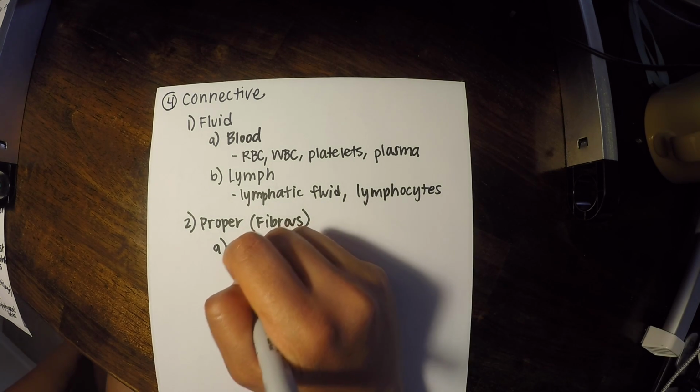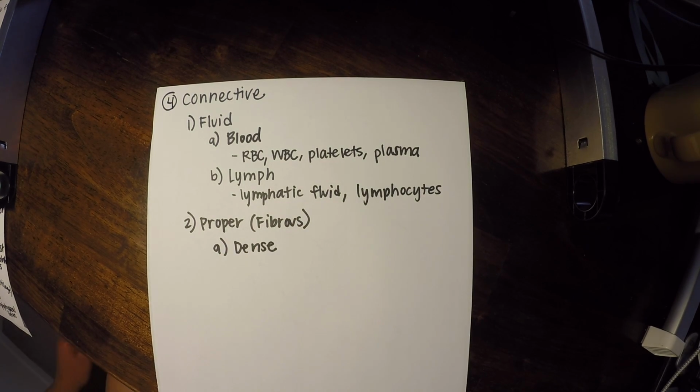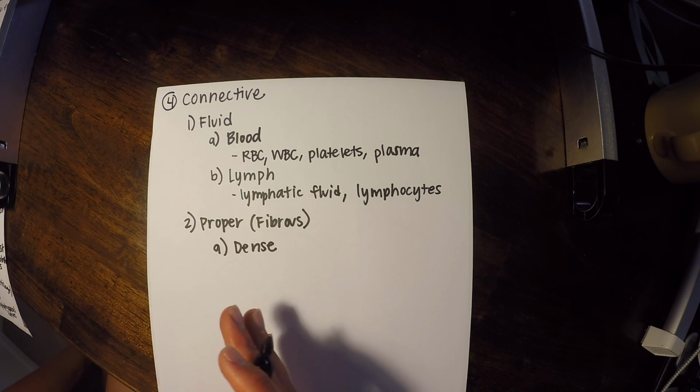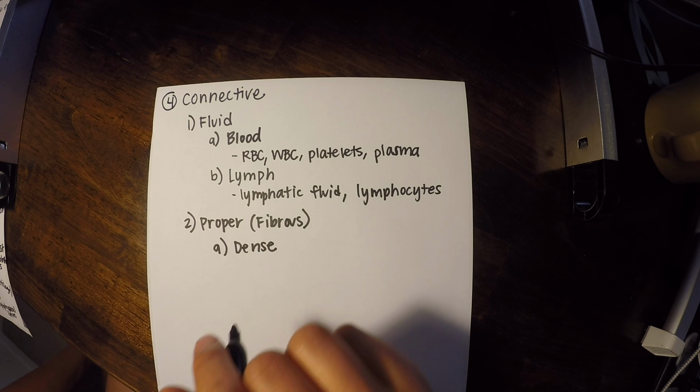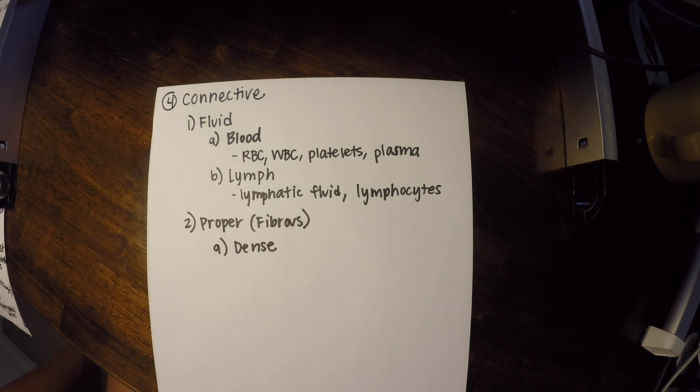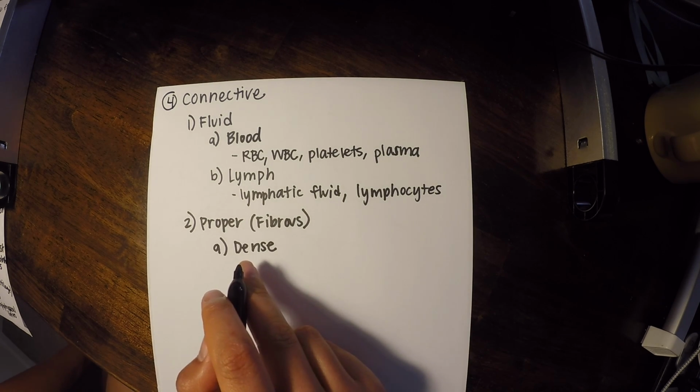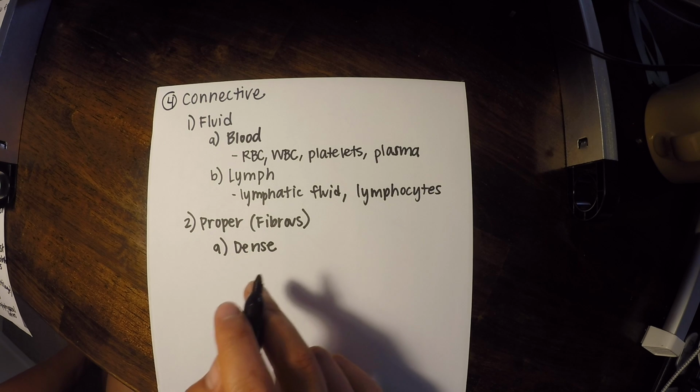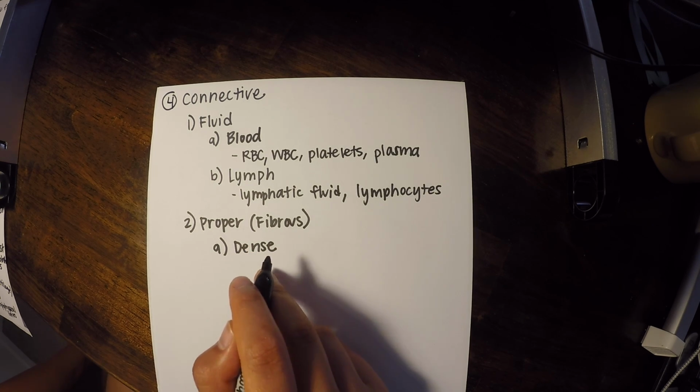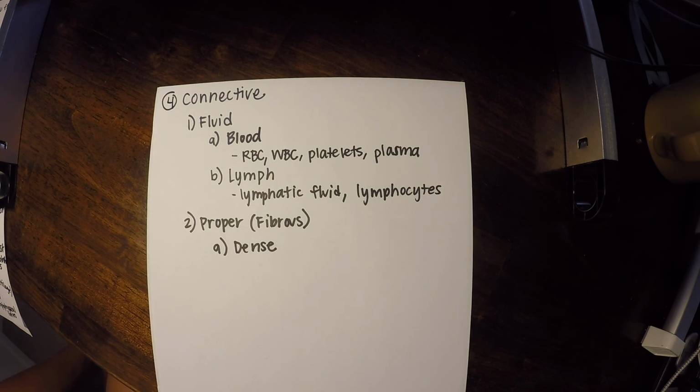Now we have a bunch of different subtypes. Now this is when it kind of gets more confusing, so stay with me and make sure you're following along with where I'm indenting things, because that signifies a different subtype. So we have a subtype of proper or fibrous connective tissue, which is called dense proper or fibrous connective tissue.